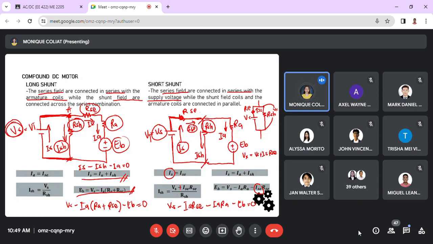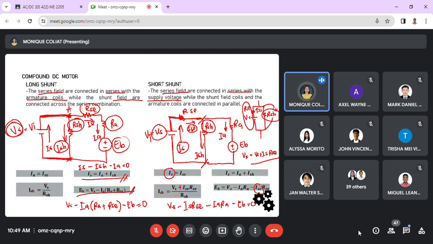So, kagaya lang din ng short shunt natin, putulin ninyo. Then, we have your RSE and Vs and then RSH. Then, you will get the summation of the voltages here, and that will be your voltage across RSH. So, that is Vs minus IS RSE divided by RSH.